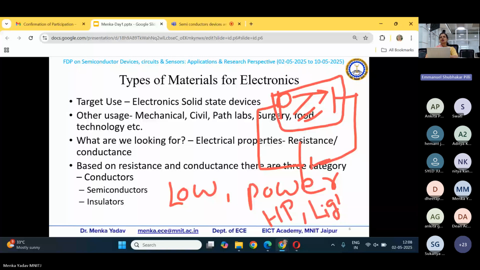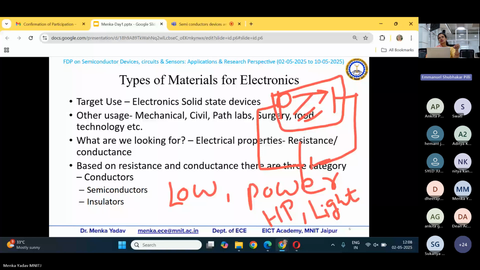Why will lightweight matter? Because if we are thinking about aerospace, for example, Chandrayaan, a few days ago Chandrayaan landed successfully on the south pole of the moon. There was a payload expected to deliver many studies from the moon surface.